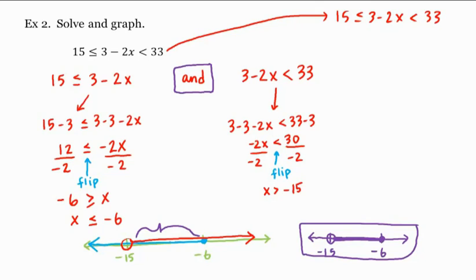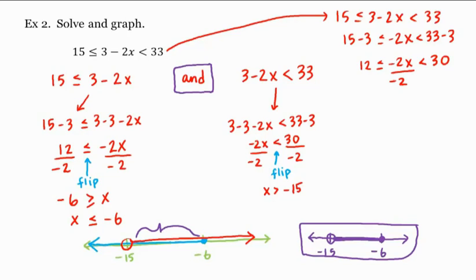In other words, we can subtract 3 everywhere, which would give us 15 minus 3 is less than or equal to negative 2x, because the 3's would cancel in the middle. It's less than 33 minus 3. Or 12 is less than or equal to negative 2x, which is less than 30.